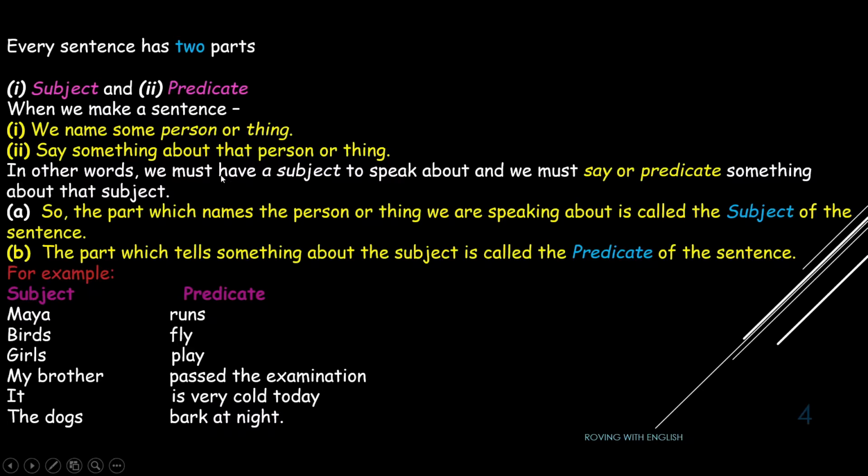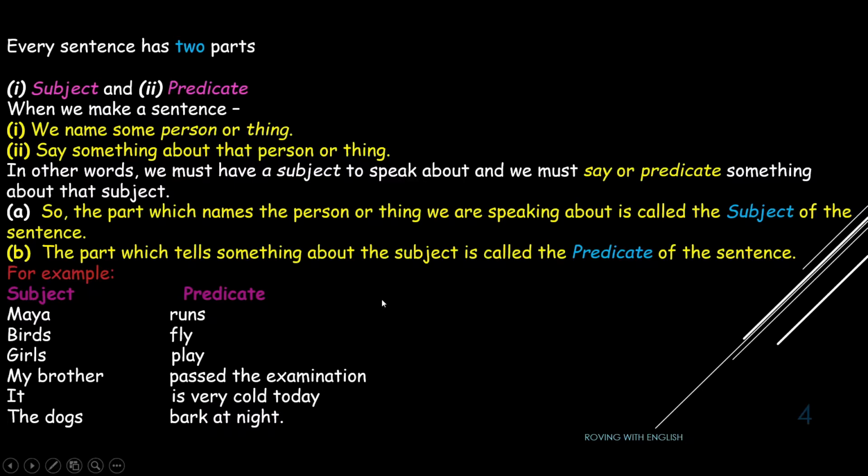In other words, we must have a subject to speak about, and we must say or predicate something about that subject. So the part which names the person or thing we are speaking about is called subject, and the part which tells something about the subject is called the predicate of that sentence.